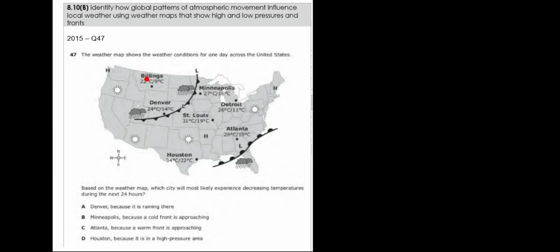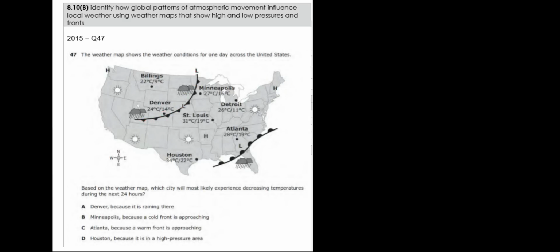So looking at this weather map, it shows the weather conditions for one day across the United States. So here is a map of the United States. Focusing in, we can see that the letter H stands for high pressure, the L stands for low pressure, and then we have these symbols.